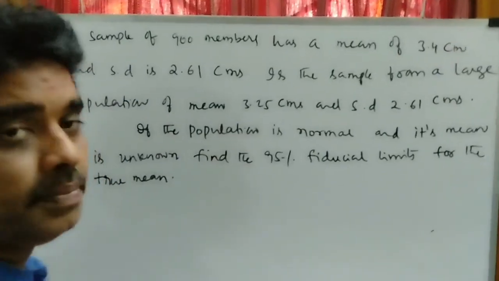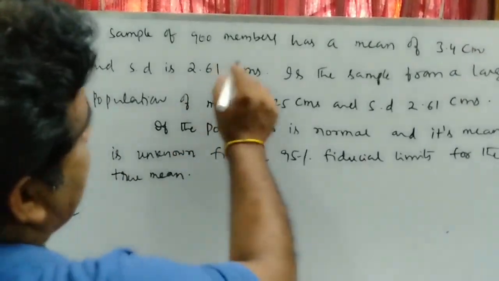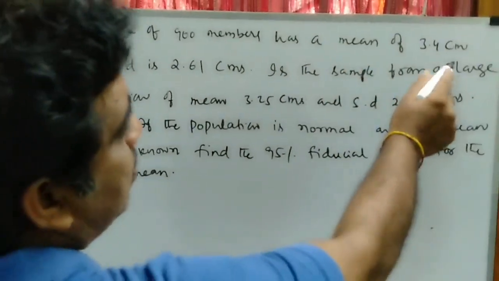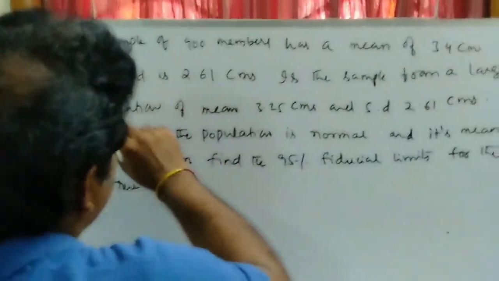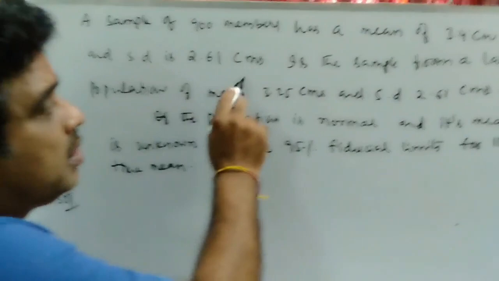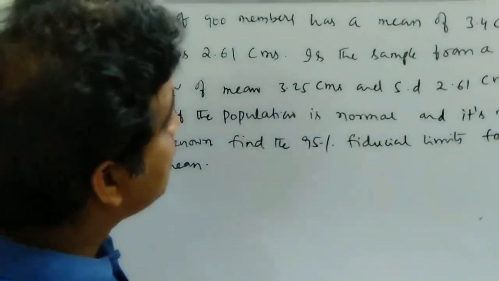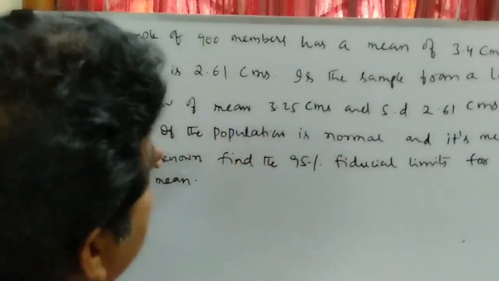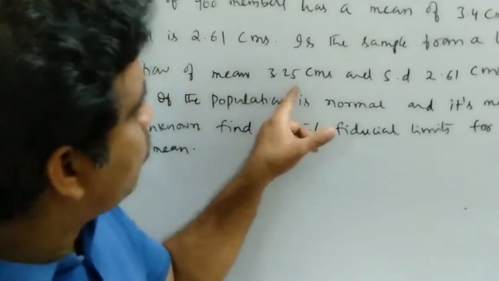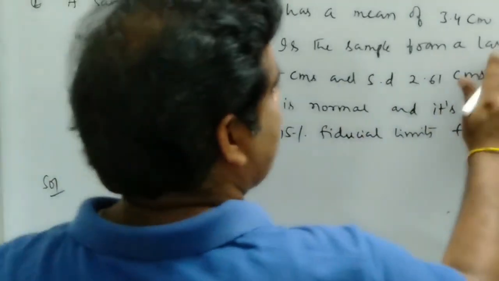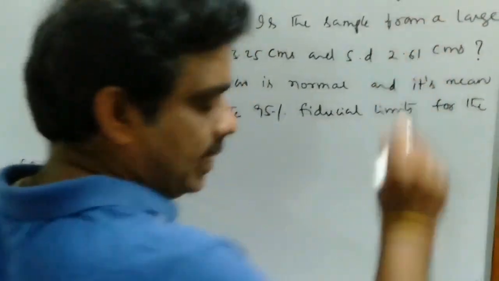Second problem. A sample of 900 members has a mean of 3.4 centimeters and standard deviation of 2.61 centimeters. Is the sample from a large population of mean 3.25 centimeters and standard deviation 2.61 centimeters?